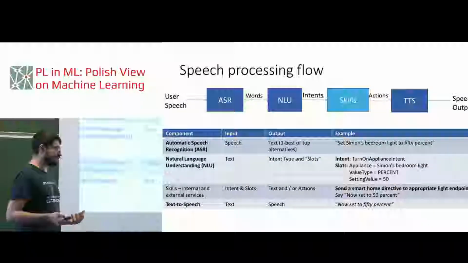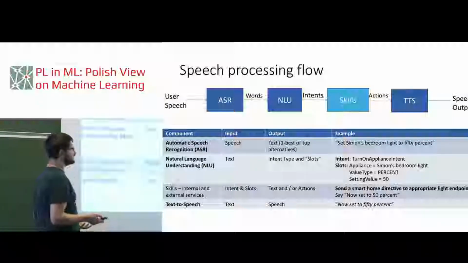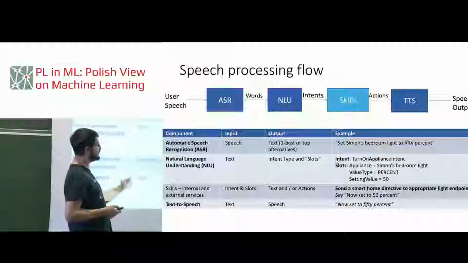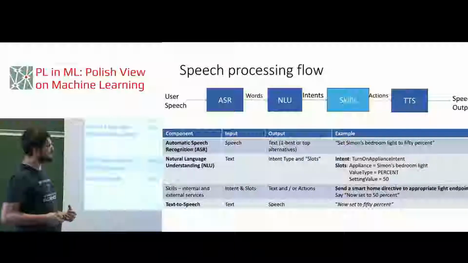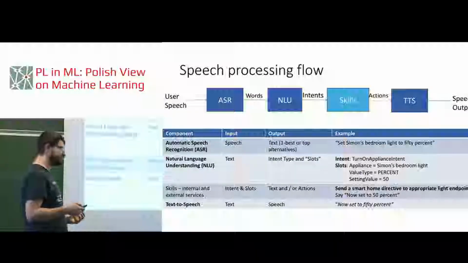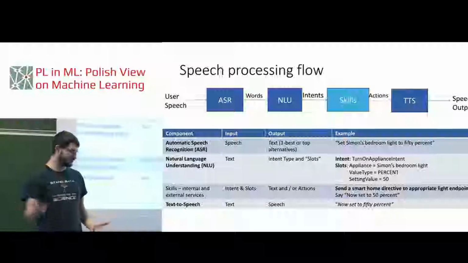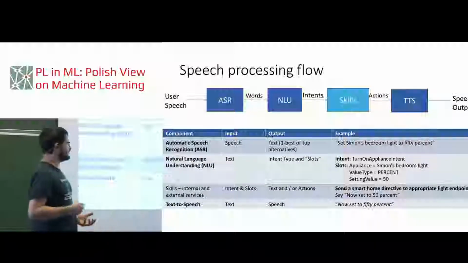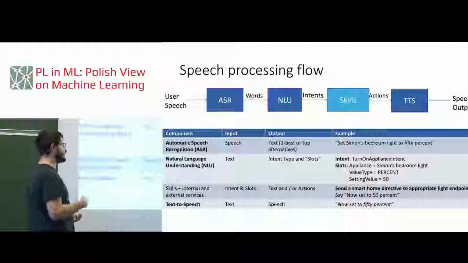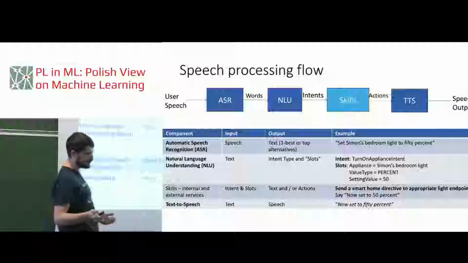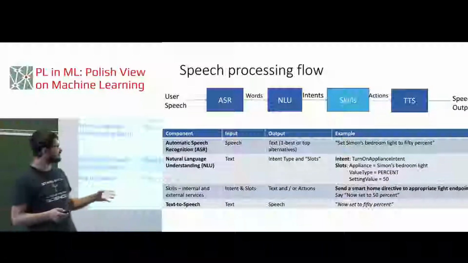Now, speech recognition models typically output words as they are spoken rather than words as you would want to parse them into your skills. So what natural language understanding does is it classifies the input into intents, what the customer is trying to do, and it also segments the input into slots, which are useful bits of information that are embedded within the sentence.